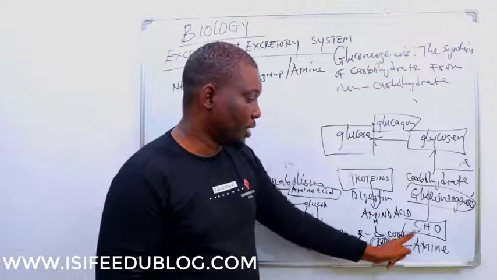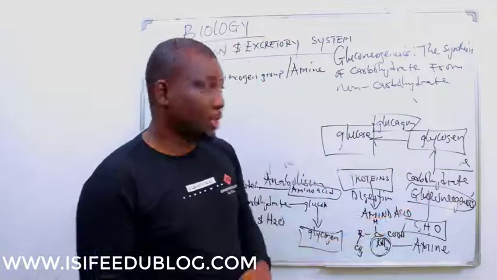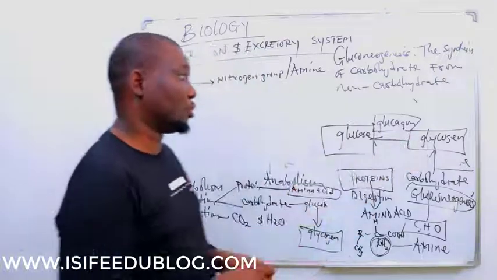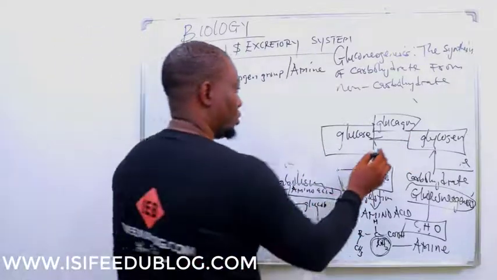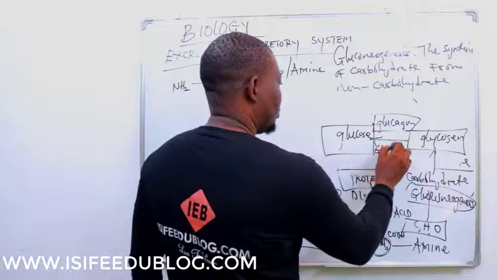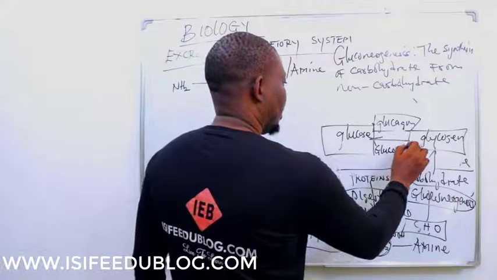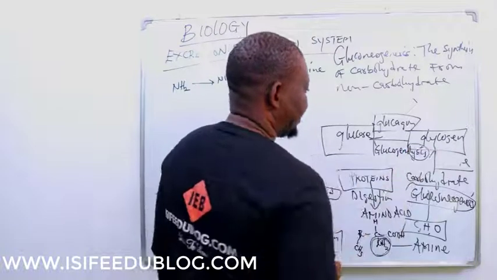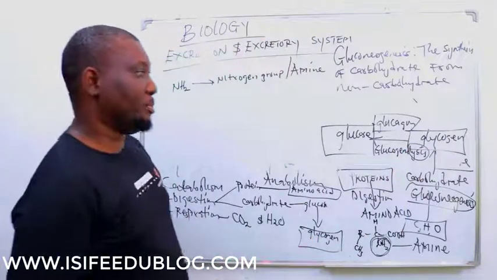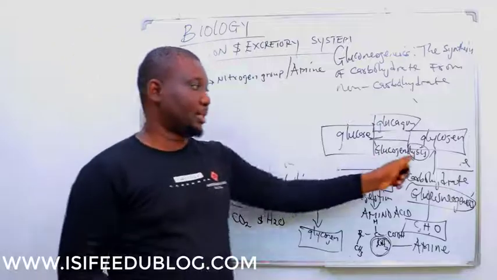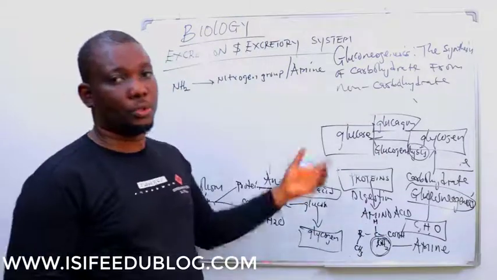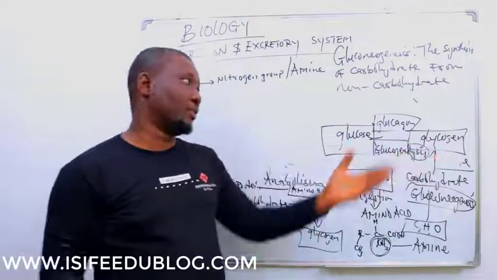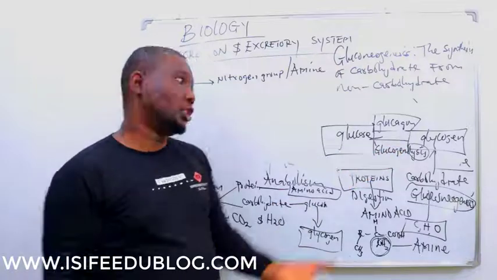From here to here is gluconeogenesis, but the conversion of glycogen to glucose is called glycogenolysis. The word ending lysis simply means breakdown. This process is a breakdown of glycogen to glucose.